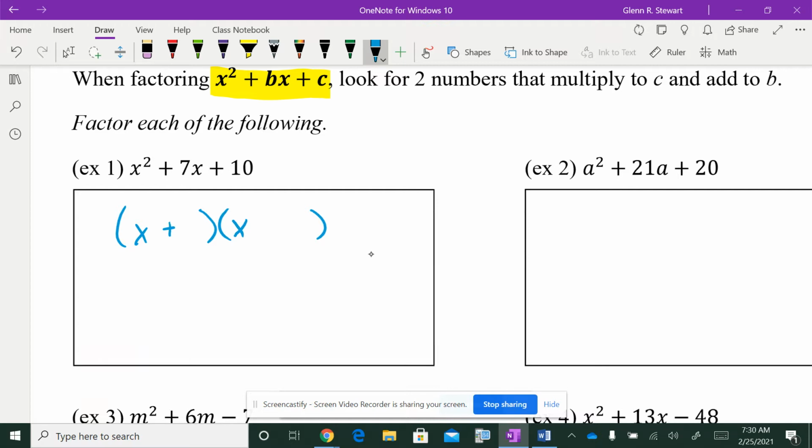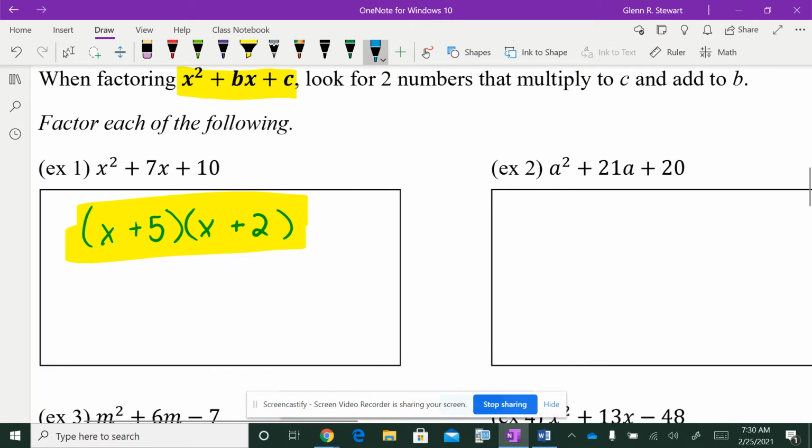And because it said plus 5 and plus 2 to give you 7, there's your answer. That's it. It gets a little more complicated when we have a negative, but that's pretty much the game plan of it.